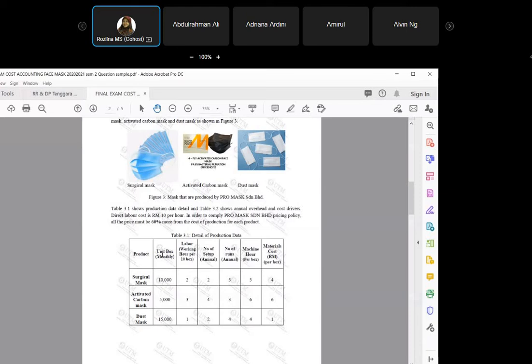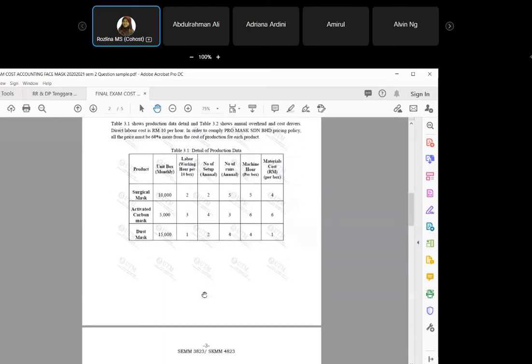Okay, for the traditional you have three of costing kan. Okay, one is material, second is labor, and the third one is overhead. Yang the others ni semua the data that can help you to calculate only. But the main dia material, labor and the overhead ni bawah ni.